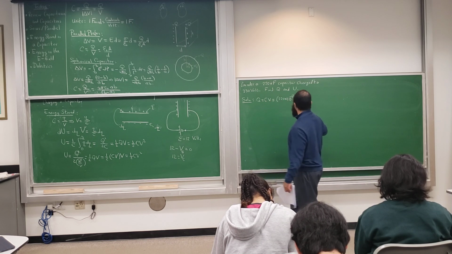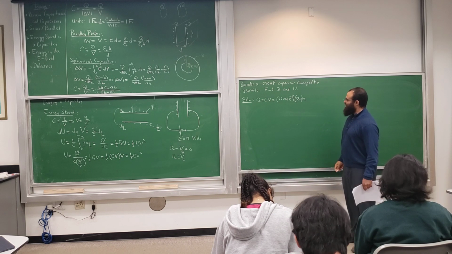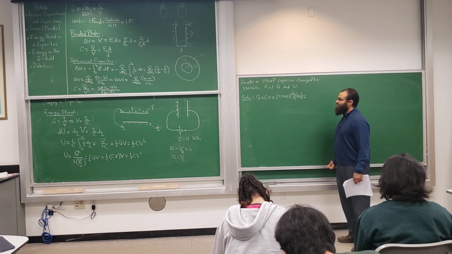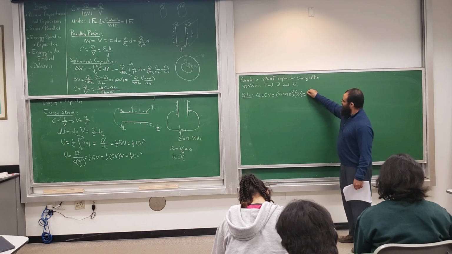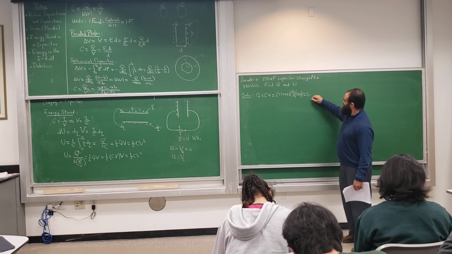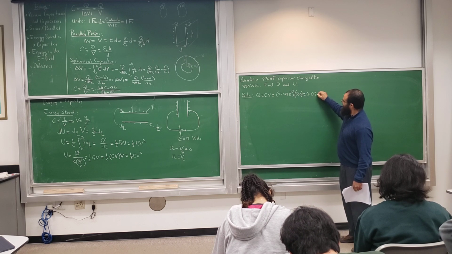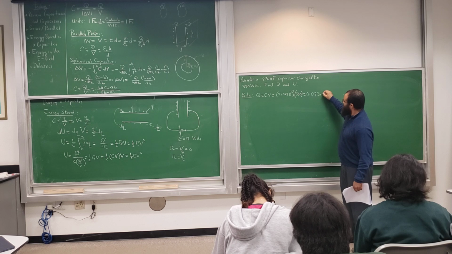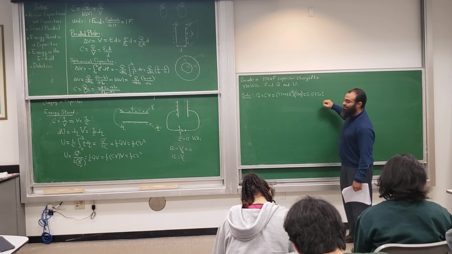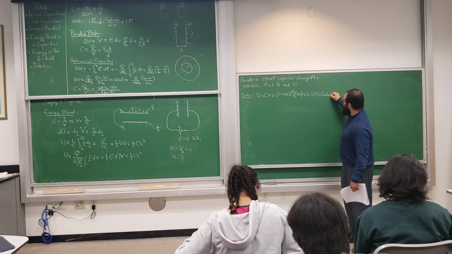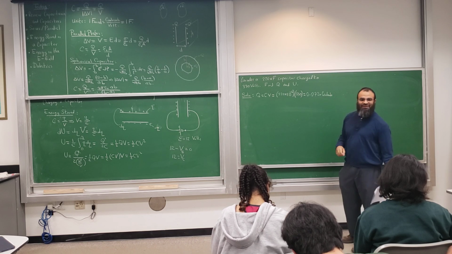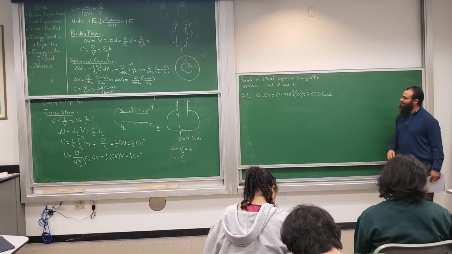So who can tell me what we get for Q? 0.0726 coulombs, right? Yes. I will write the word coulomb. If I write C, it might appear as capacitance.